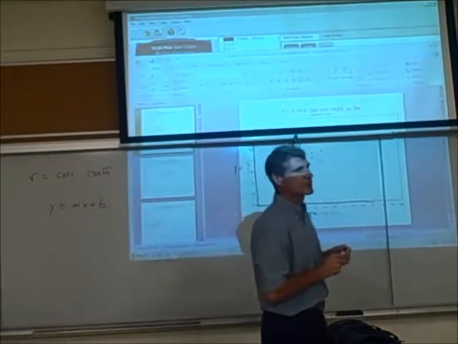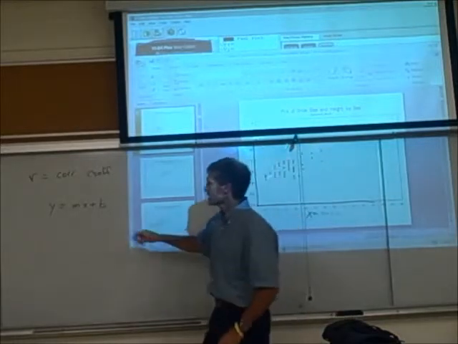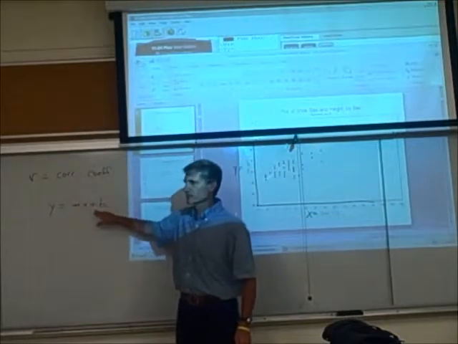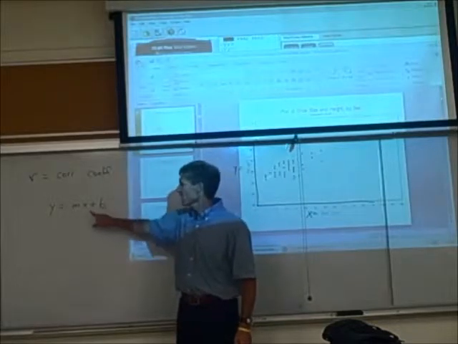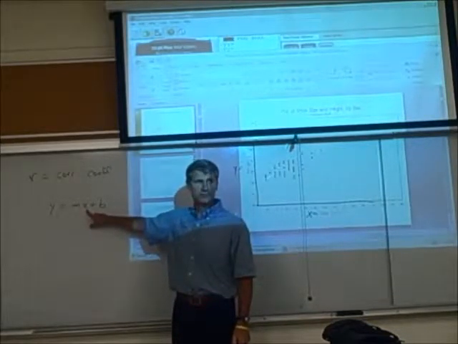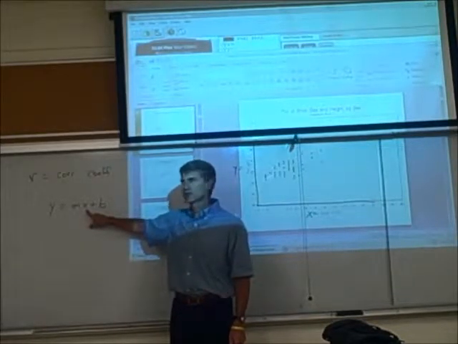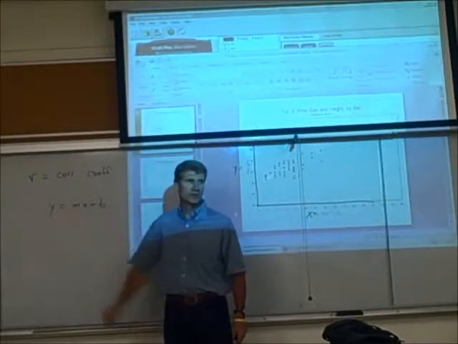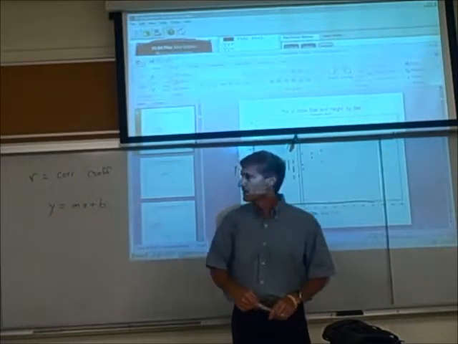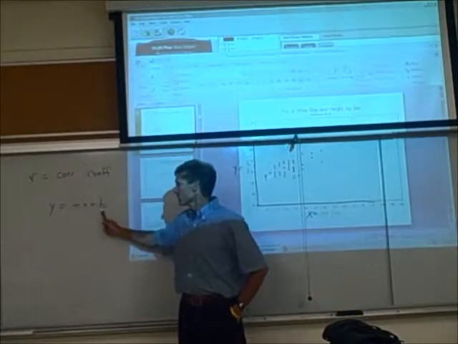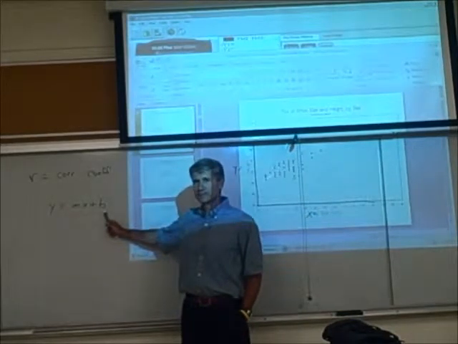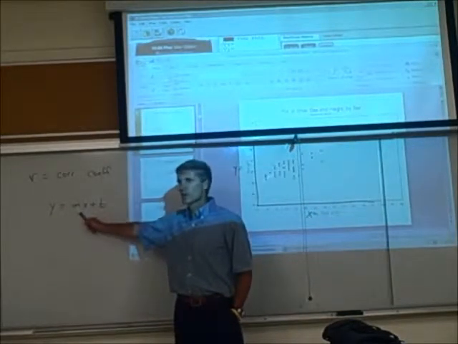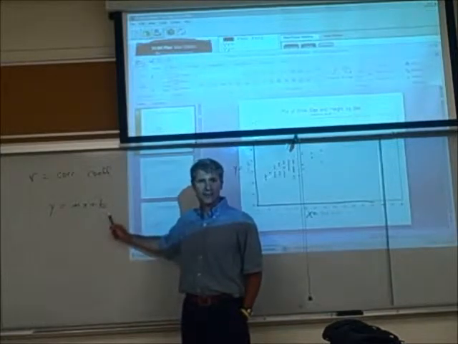That's the slope-intercept form of the equation of a line. This is y equals mx plus b. The x is the independent variable, or the explanatory variable, and y is the response variable, or the dependent variable. So what is m and what is b? M is the slope, b is the y-intercept.